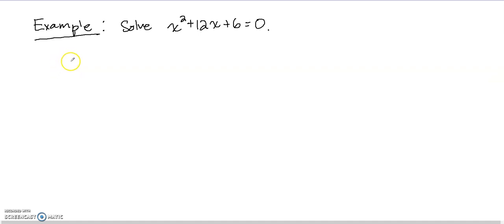So again, the first step is to move the 6 to the other side, so subtract 6. So we have x squared plus 12x equals negative 6.